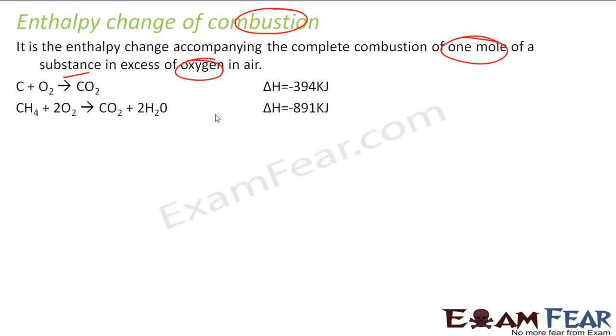Methane, you burn in excess of oxygen, delta H is minus 891 kilojoule, because this much energy is released, right? And please note that the enthalpy of combustion, delta HC, is always negative, because combustion is always an exothermic process, and we generally see that heat is generated when combustion takes place.